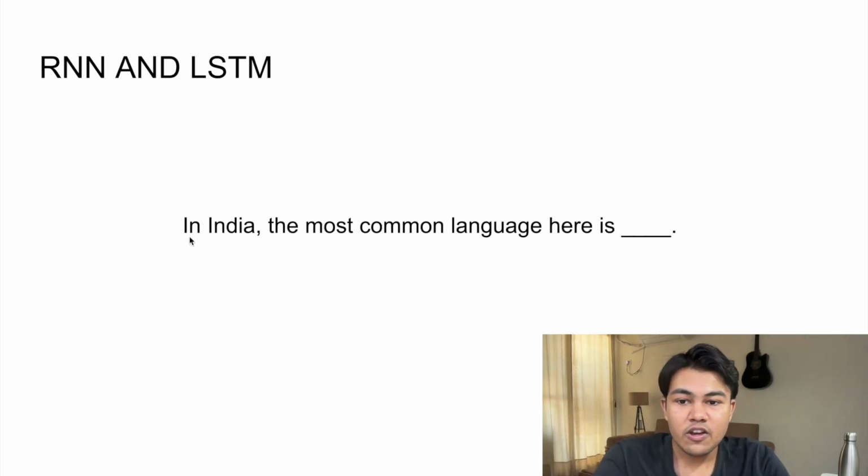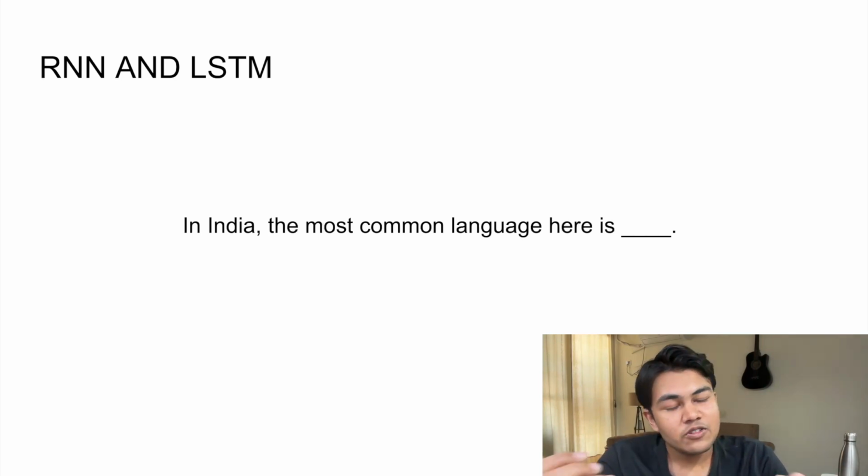To actually predict this next word, which could be Hindi, and I think the highest probability is Hindi, we need to focus on India. But if you forget India and just focus on "the common language here is", you will confuse yourself, because you're talking about the common language here, and you will most likely be confused.